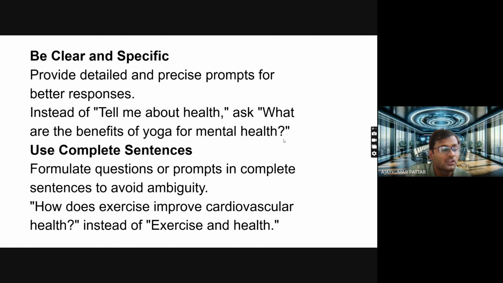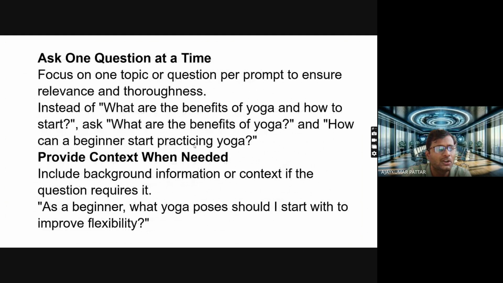But if you give the prompt like this, "how does exercise improve cardiovascular health?", then the prompt is considered better, and the outcome from ChatGPT is also better. So always use complete sentences and proper prompting, then it will give the proper outcome.